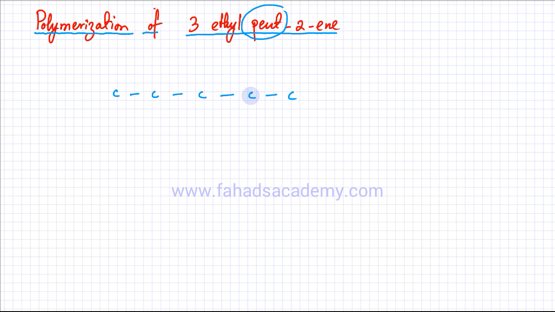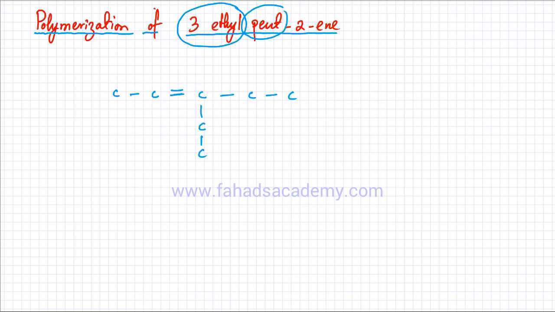And 2-ene means that the double bond is between the second and the third carbon atom. And 3-ethyl indicates that there's a branch on the third carbon atom, and it's an ethyl branch, which means that there's going to be 2 carbon atoms over here.